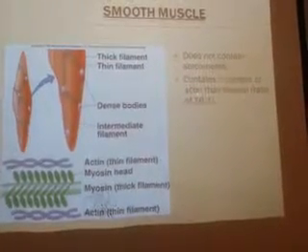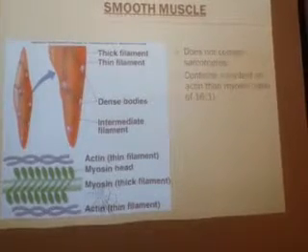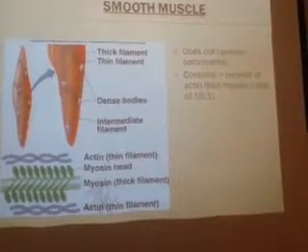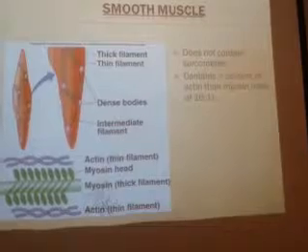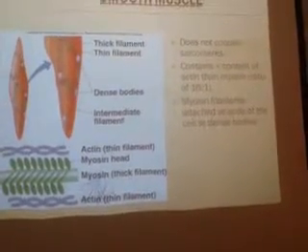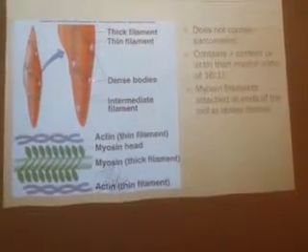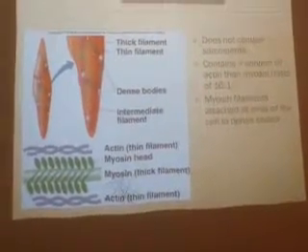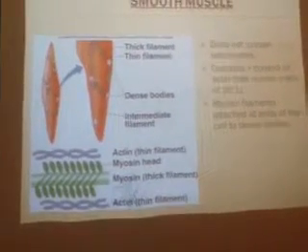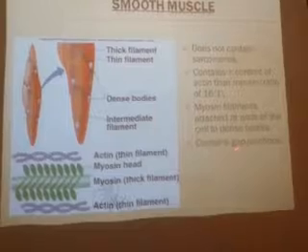In skeletal muscle, more myosin and less actin is there. In smooth muscle, there is more actin than myosin, the ratio being 16:1. Myosin filaments attach at the end of cell bodies to dense bodies. And it contains gap junctions.